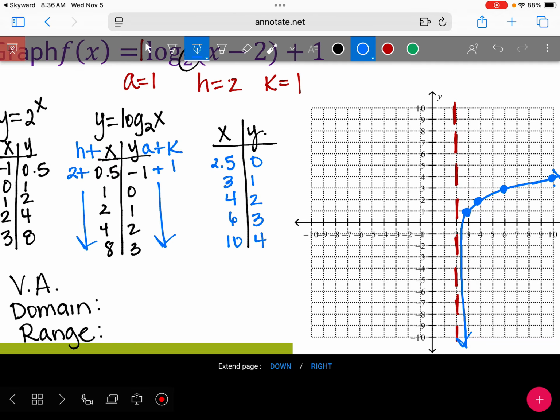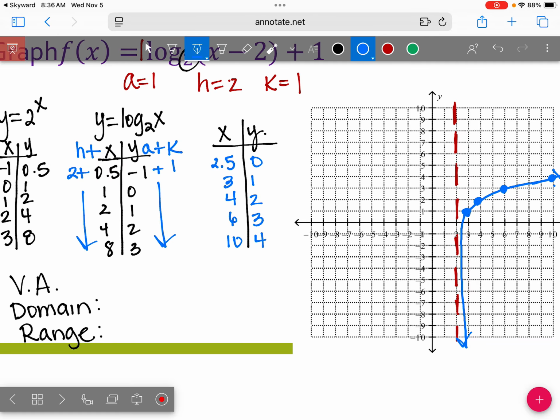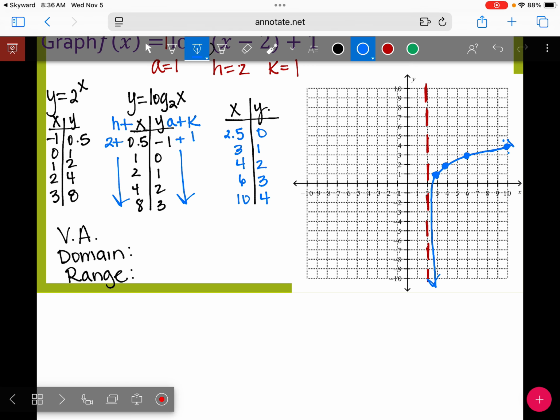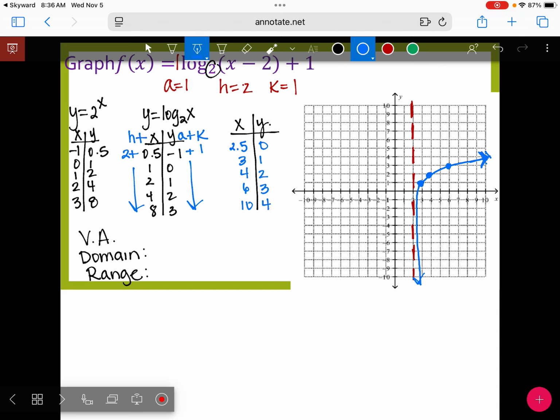Struggling over there, huh? It happens. That's what your graph should look like. So I drew my vertical asymptote in at x equals 2.